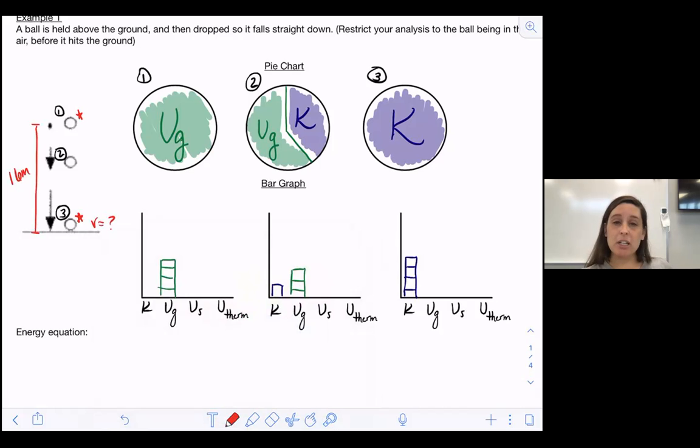Well, we can use the energy to solve that problem, right? Because if I take a look at the energy that I have when it's 16 meters above the ground, I can then set it equal to the energy that I have when it hits the ground or is incredibly close to hitting the ground. And I can solve the problem that way. So I can set my energy at the start, which is just gravitational energy, equal to my energy at the end, which is just kinetic energy.